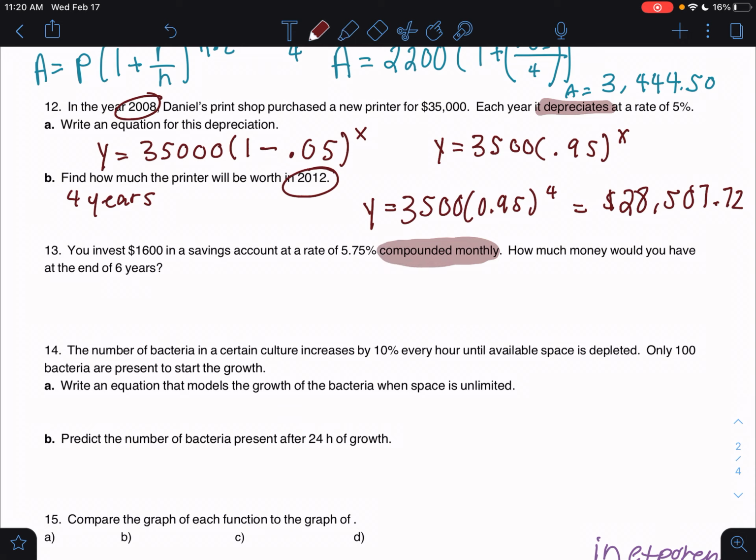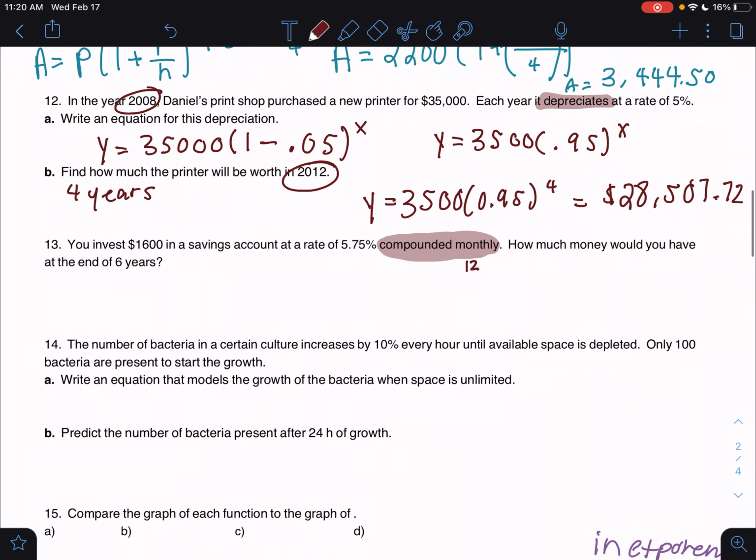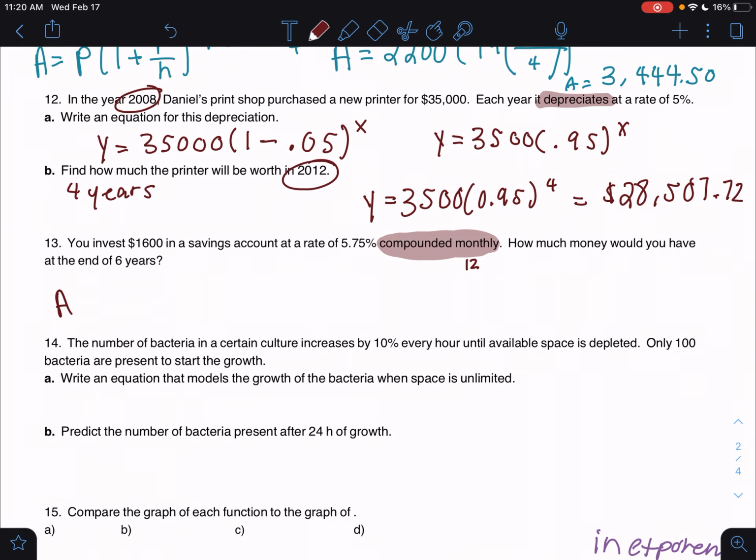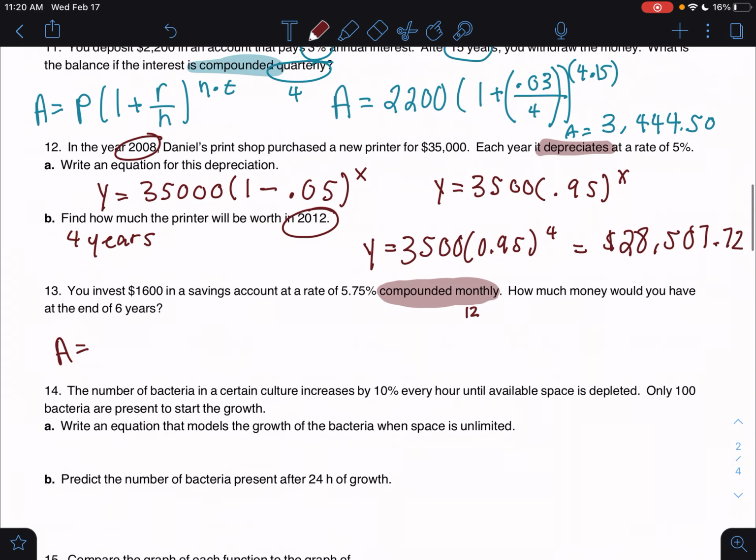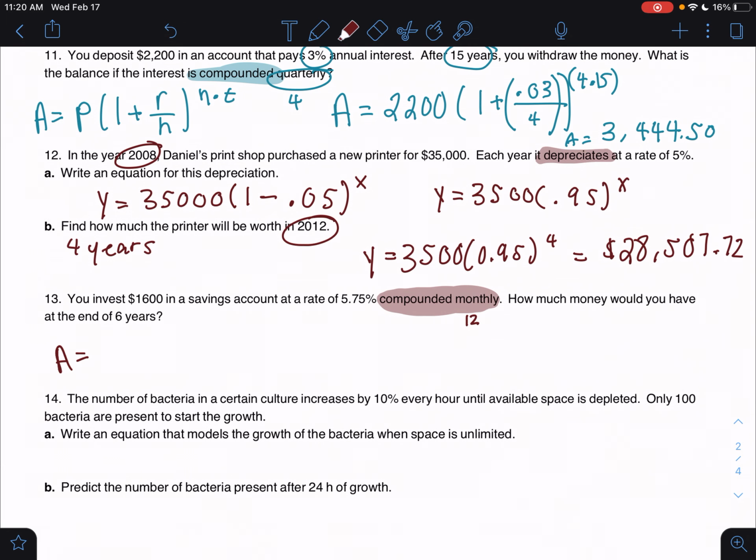Now, compounded monthly tells me that I'm going to be compounding 12 times a year, because it's once every month. How much money will you have at the end of 6 years? So let's write our problem here. A equals, and I'm just going to go ahead and highlight that up here. We're looking at this equation again. P, that's our starting amount.